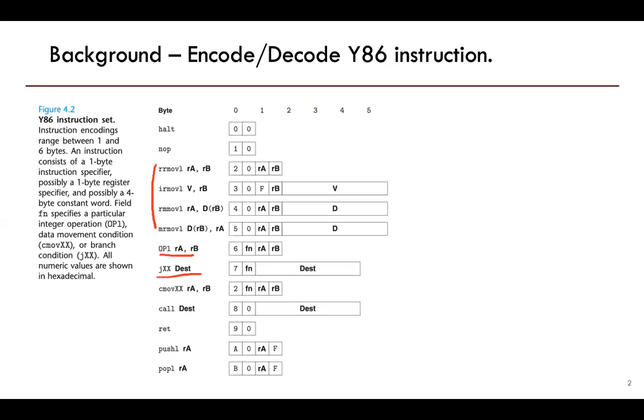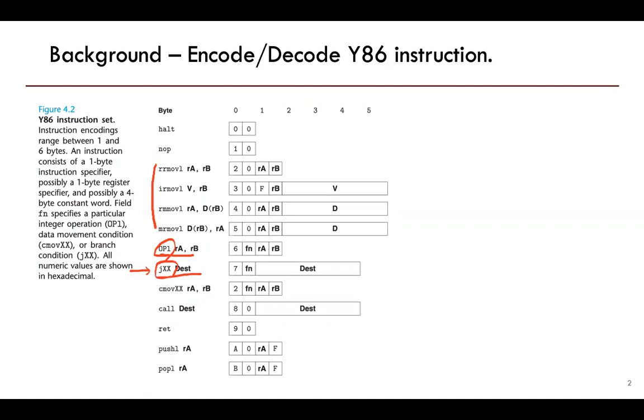Because the arithmetic instructions all have the same instruction format, we just name it OPL here. And for the same reason, all the jump instructions have the same format, so we use just jXX to represent all the jump instructions.